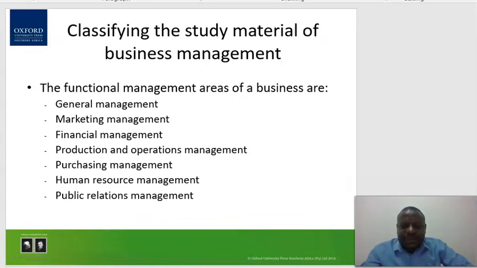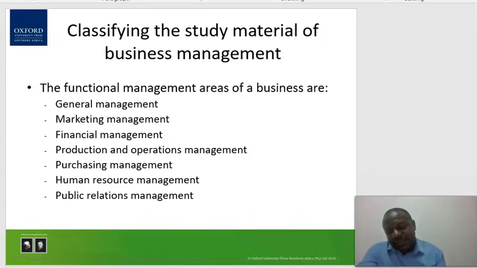Then purchasing management. Purchasing management takes the greatest part of the budget of every organization. The purchasing function is responsible for buying materials that will then be used in whatever function of the organization. So while most people look down upon this particular function, it is very, very important.